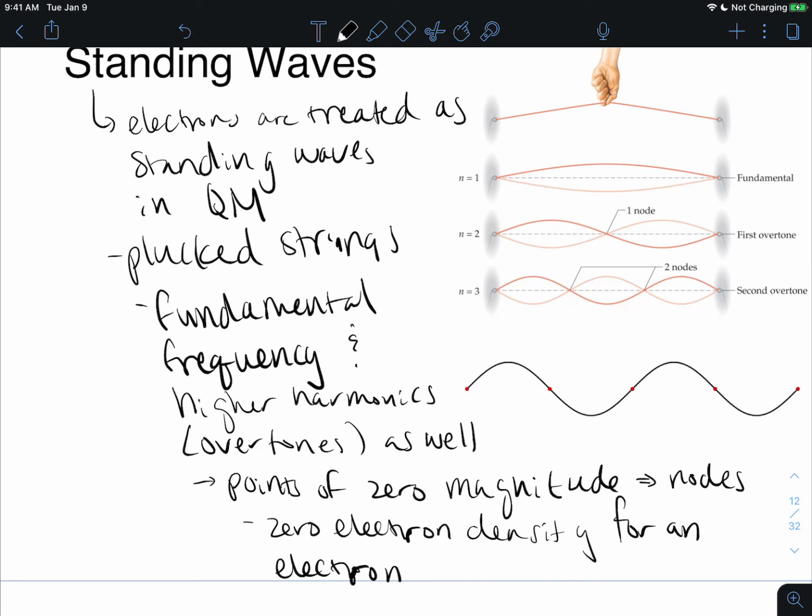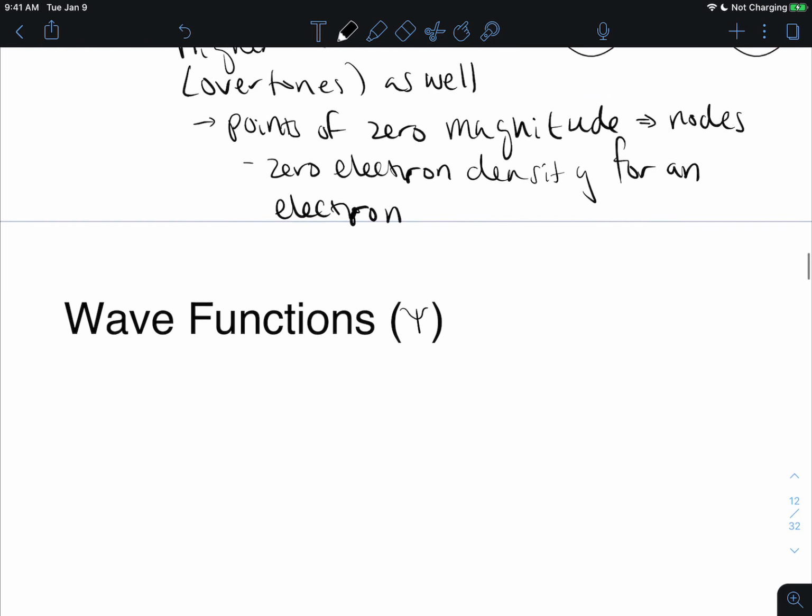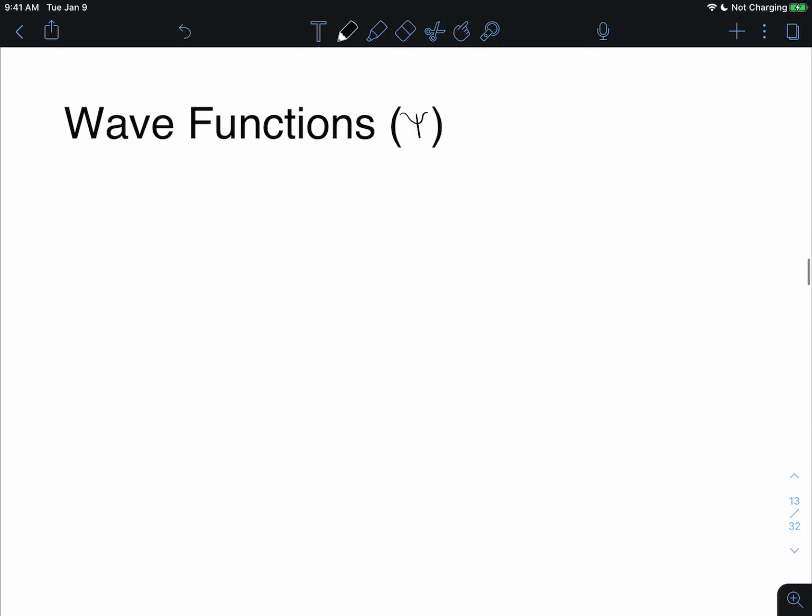Okay, so again, when we're thinking about our electrons, we're thinking about them in terms of waves, and waves are going to have that sinusoidal structure about them, and they're going to travel, but in quantum mechanics, they're not going to travel into space. They're going to stay attached at two points, called a standing wave.